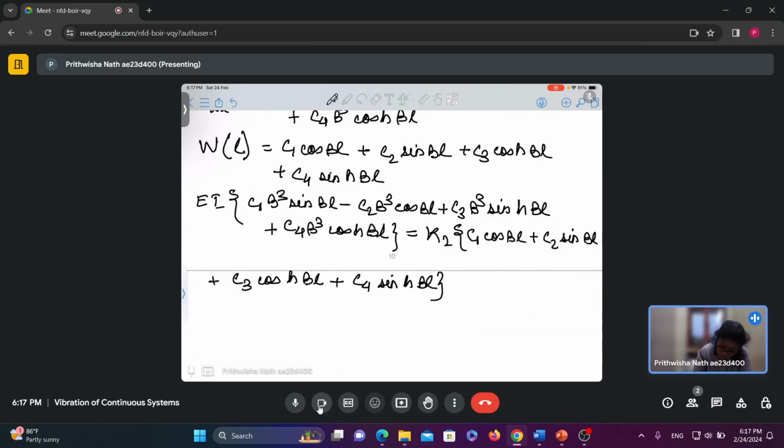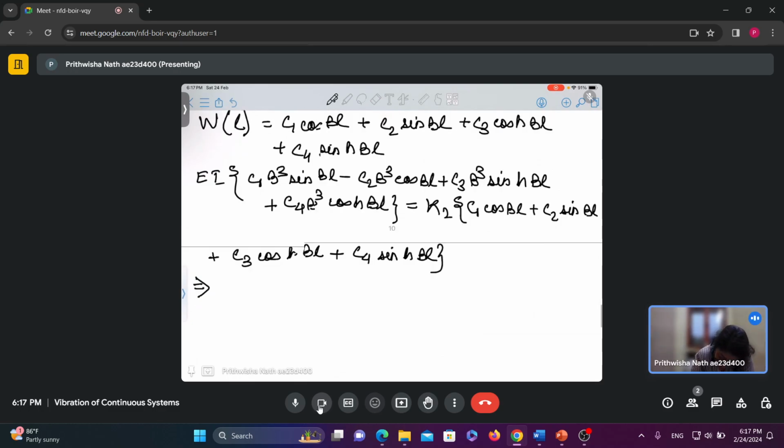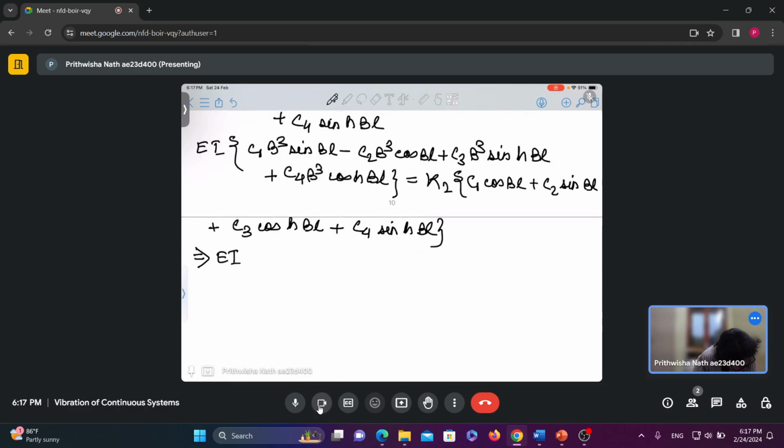Now I'll rearrange the terms. EI, and in place of C1 I will put C3 since I know C1 equals C3. So EI beta cube sin beta L into C3, minus EI beta cube cos beta L into C2.